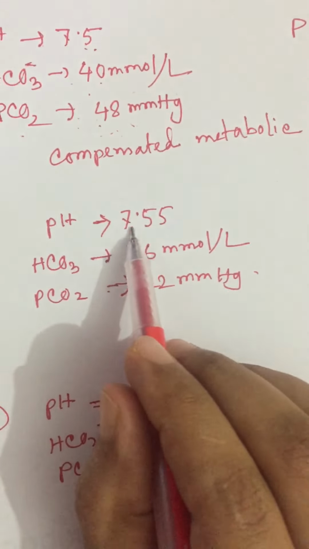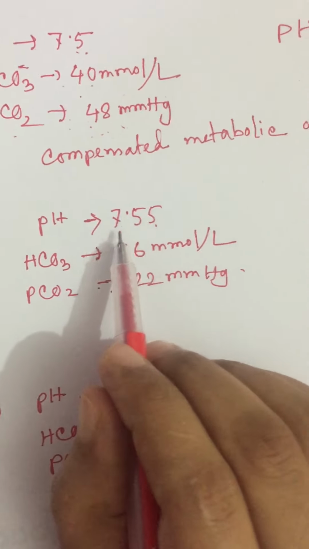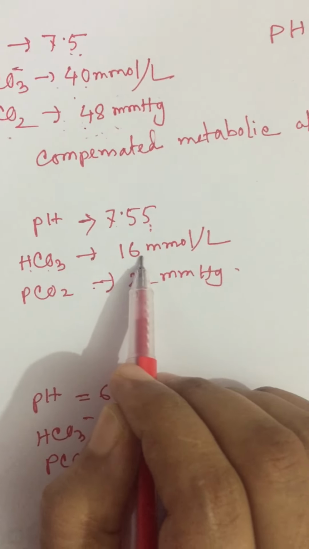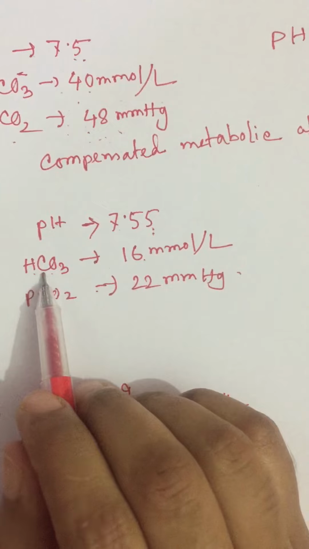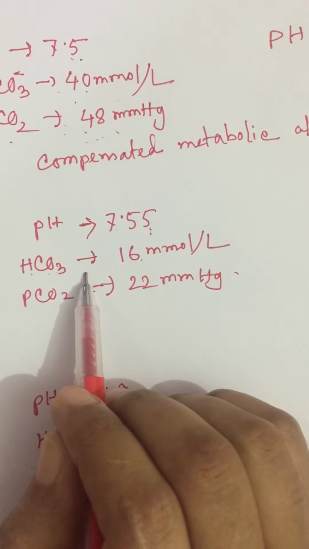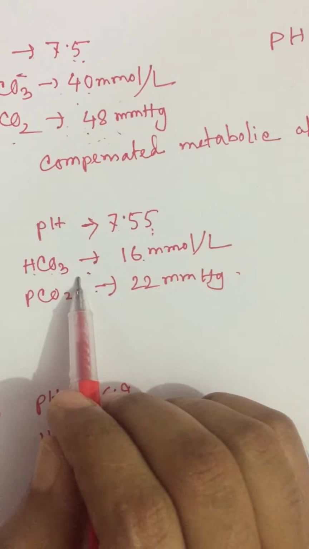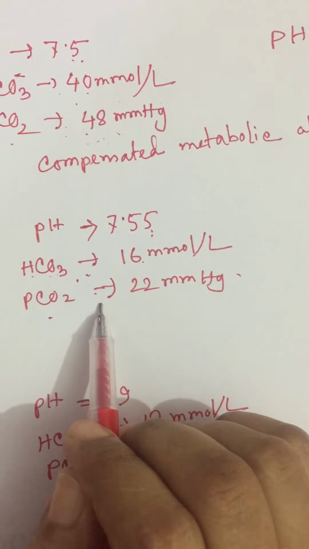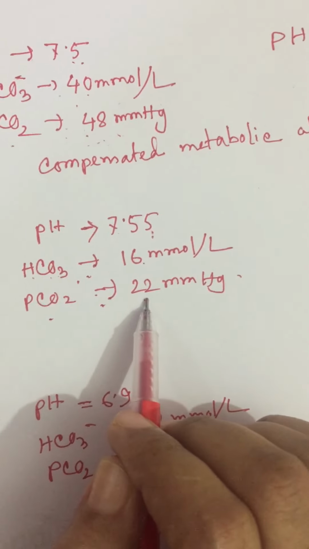pH 7.55 means alkalosis. Bicarbonate level is 16, which means bicarbonate level is decreased. So it is not the primary change. We will go to partial pressure of carbon dioxide. Yes, it is decreased.